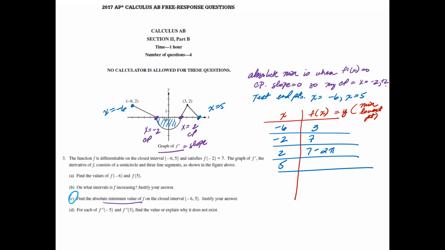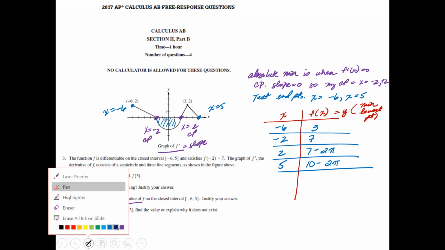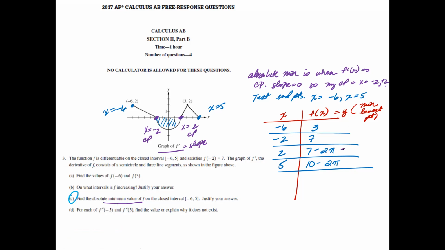f of 5 is going to be right here. So looking at f of 5, you are going to be taking the values of 10 minus 2 pi. So now once you have that, you want to go ahead and grab your calculators and literally figure out what these numbers are in decimals, because you know what 3 and 7 are numerically, but you don't know what the other ones with pi's are going to equal.